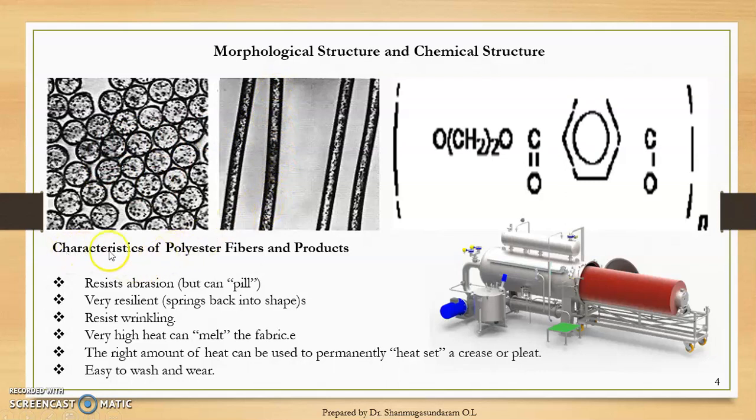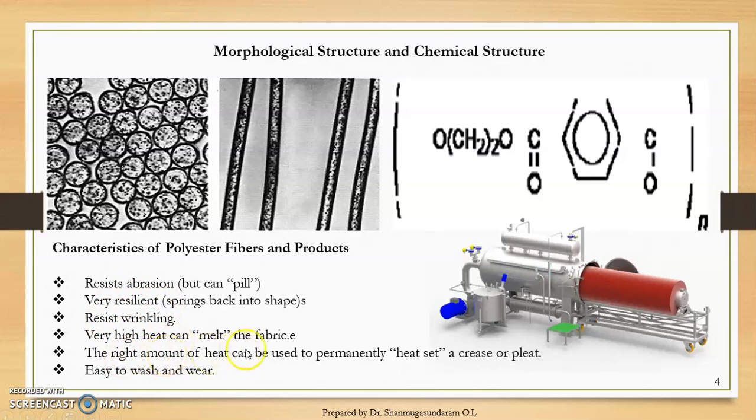So now let us see the characteristics of polyester fiber. How will the polyester fiber look? It has good abrasion resistance. It is very resilient. It is very resistant to wrinkling. It has very high heat resistance.